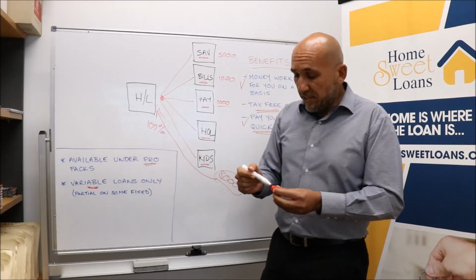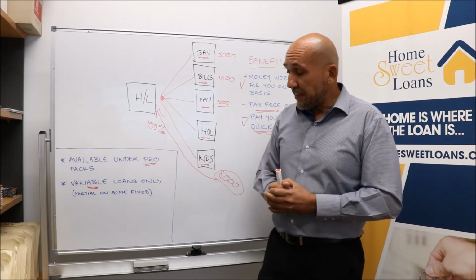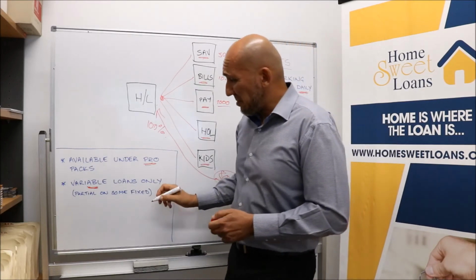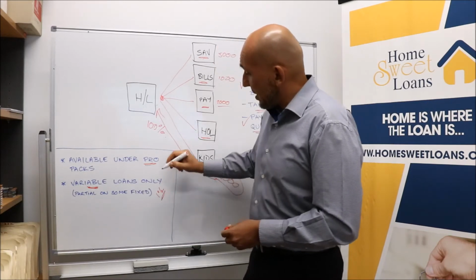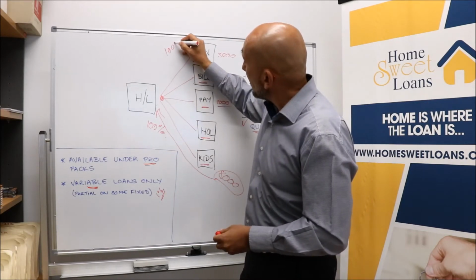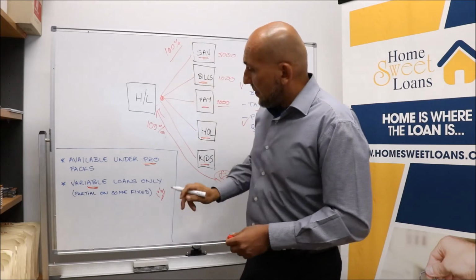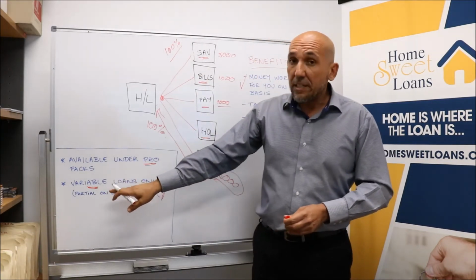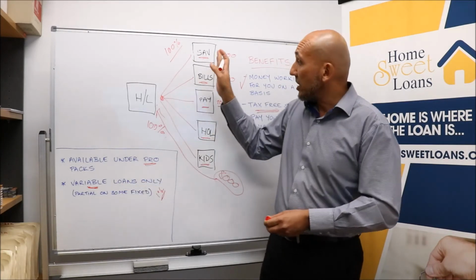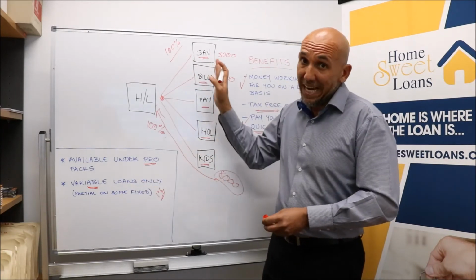You can, with some lenders, get a partial offset on some fixed loans. Usually, that's about a 1% offset, but nothing beats 100% offset under this arrangement. Okay? At the end of the day, if we're actually going to fix some of your loan, we'd recommend you leave a portion variable so that you enjoy the benefits of the offset facility anyway.